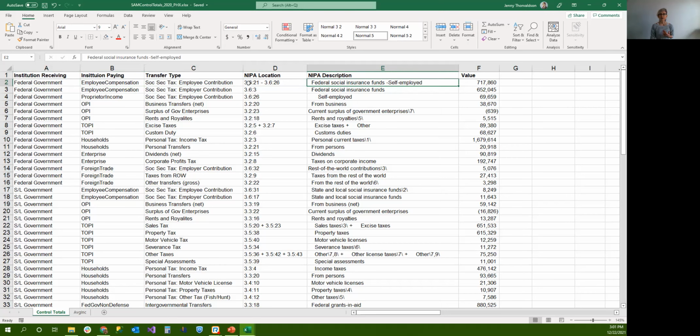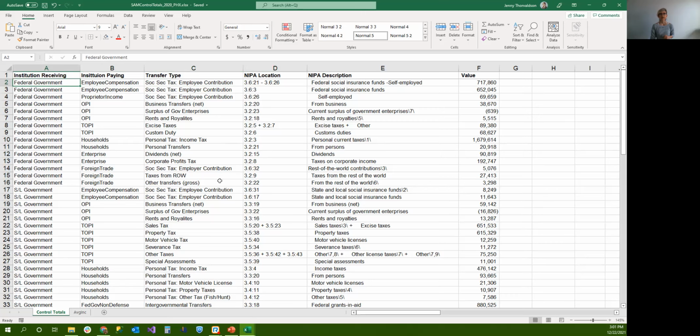Just a couple things to point out: sometimes we have to refer to a couple different NIPA tables and their lines. So 3.6 is the NIPA table, 21 is the line right there. And then from that we subtract the value that is in NIPA table 3.6, line 26. Okay, and that gives us what we need here, which is Social Security tax, the employee contribution part of it, that employee compensation pays to federal government.